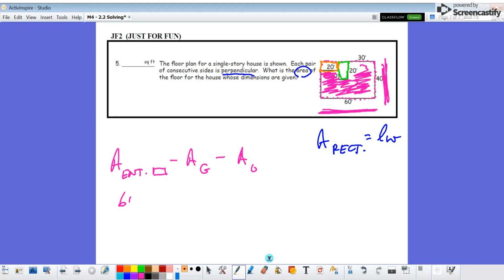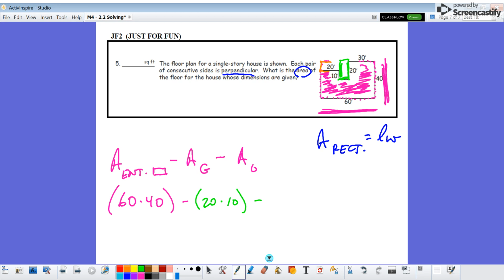So that's 60 by 40 minus the area of the green. I'm just going to go back up in here and erase this so I can see the green a little better. But the green is going to be a length of 20, and this width here is going to be 10. So that's minus 20 times 10.